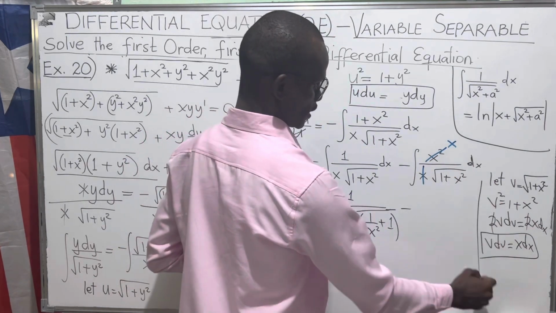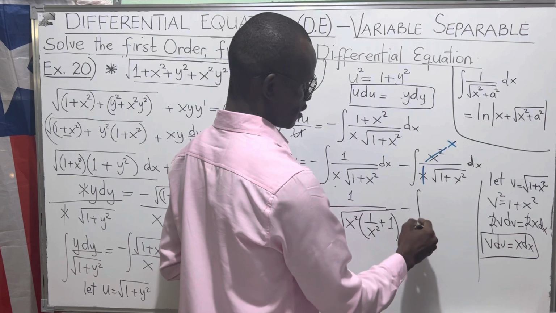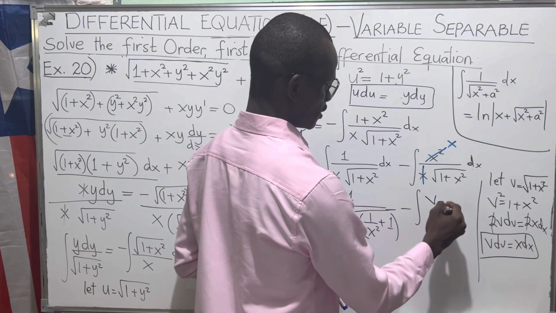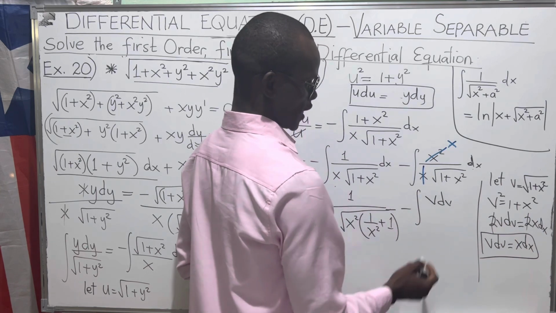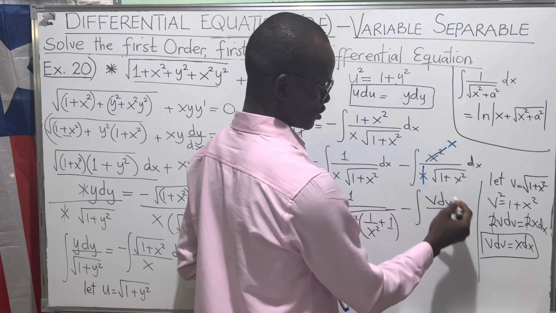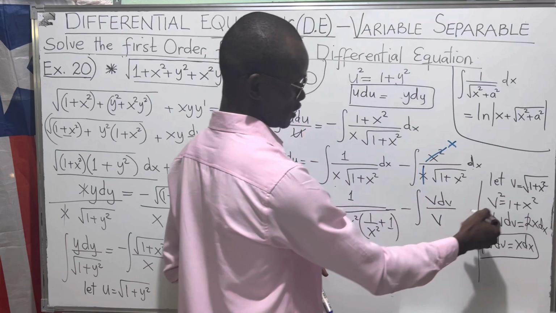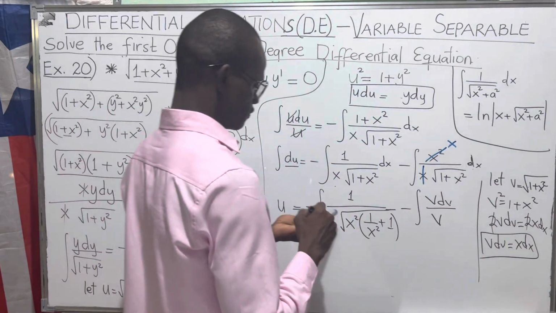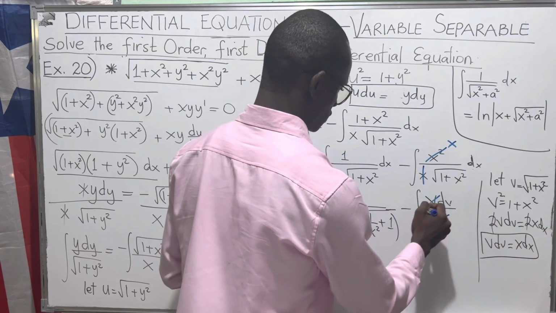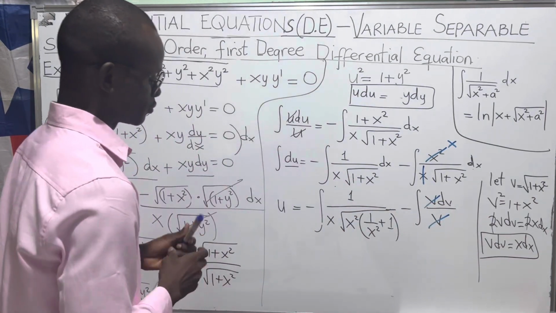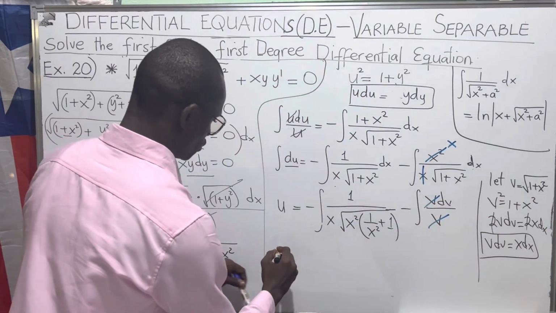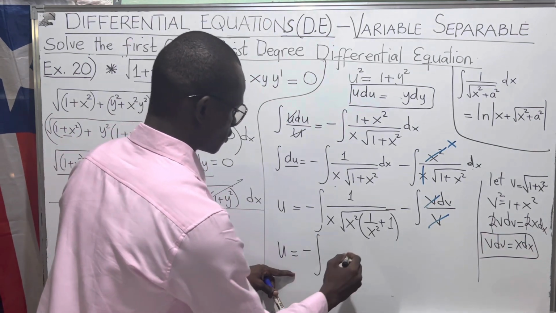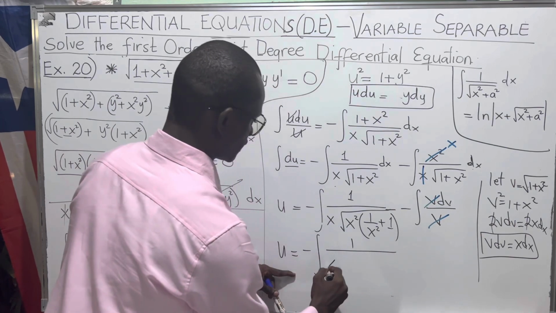If we put it in, we'll have the integral of, now this x dx is just equal to v dv. And then down here, what was u is now v, since we are using v. So v will cancel v, and we'll be left with dv. So we have u equals minus the integral of 1 all over x.